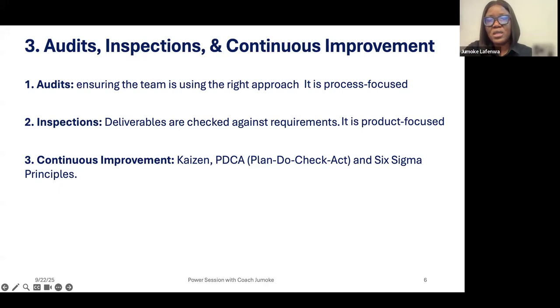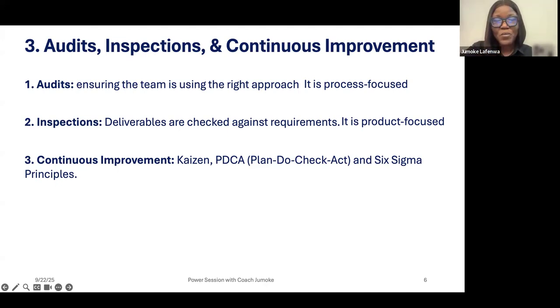That is what PDCA means. And then the Six Sigma principle has to do with removing or eliminating waste whilst you are ensuring quality delivery. So these are some of the tools or techniques that you can use for continuous improvement when it comes to quality management in projects.